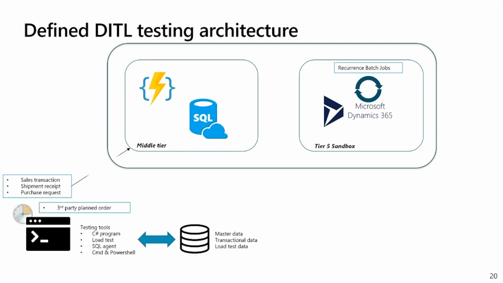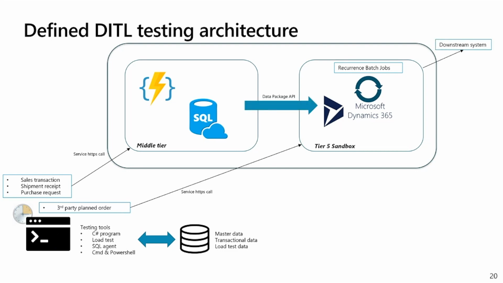One of my scenarios is sales creation from the sales transaction. The sales order is created by a sales transaction from a third-party tool, POS. So for the sales transaction from the POS, I need to develop my own POS program to generate the sales transactions based on the master data and transactional data in the SQL Server I set up before.